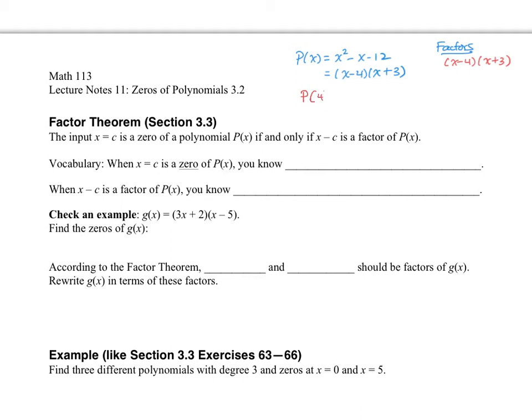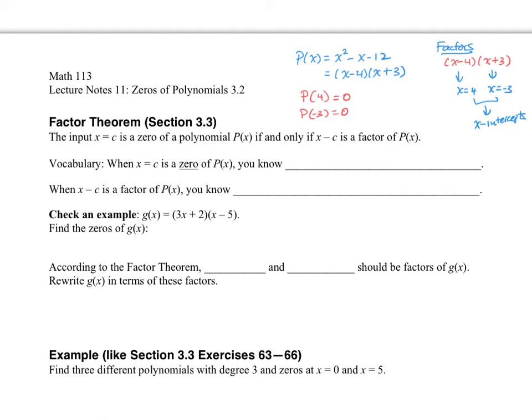So clearly, p of 4 will be 0. Why? Because 4 minus 4 is 0. And then p of minus 3 will also be 0. Why? Because these are the roots or the zeros of the equation, and these are also the x-intercepts. Exactly the same thing we talked about before.